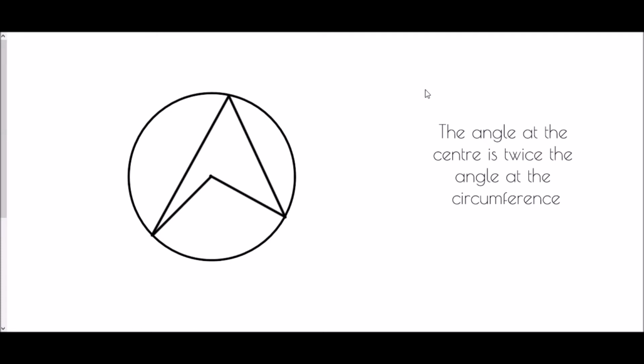Now, the proof of this rule actually comes from us adding one extra line in. So if we just add an extra radius here, what we've actually done is form two isosceles triangles, because if we think about the fact that these are all the radius, then that means we have an isosceles triangle at the right hand side where these two angles are equal, and an isosceles triangle on the left hand side where these two angles are equal.